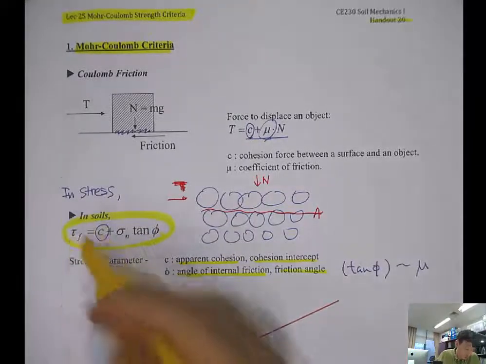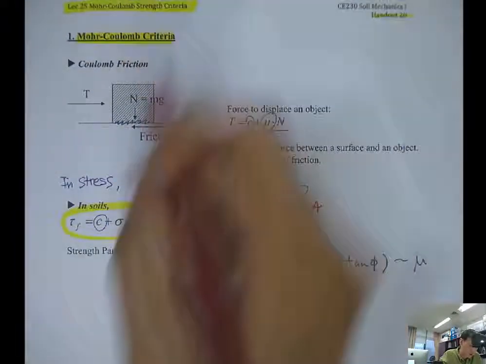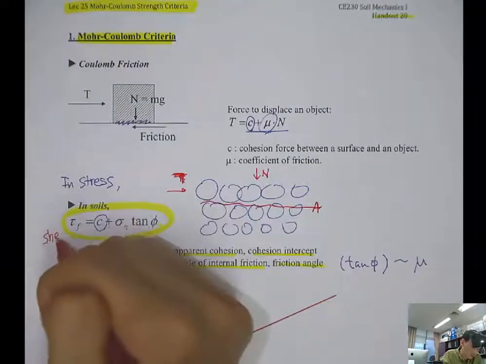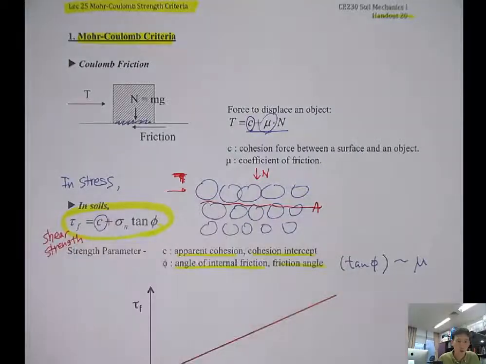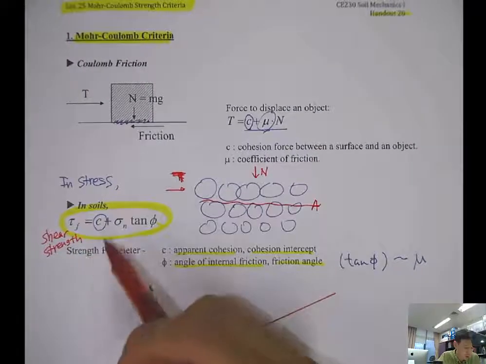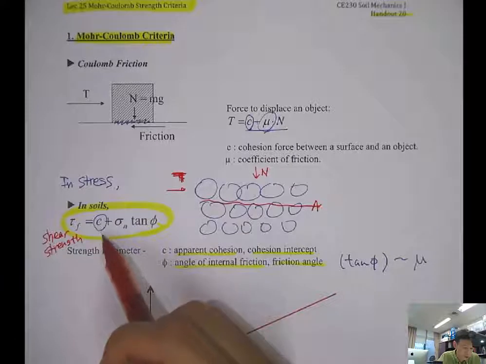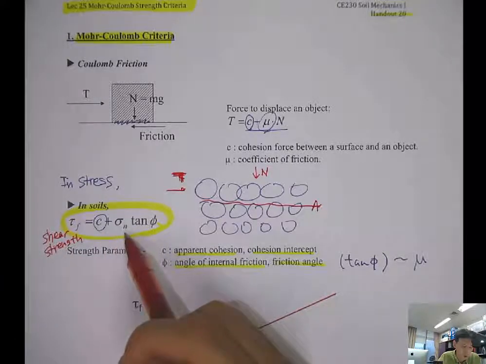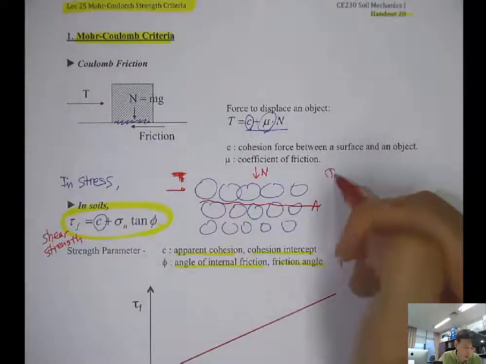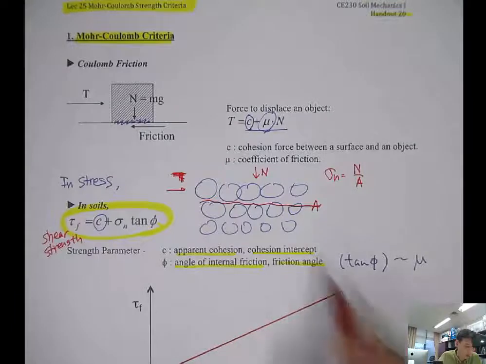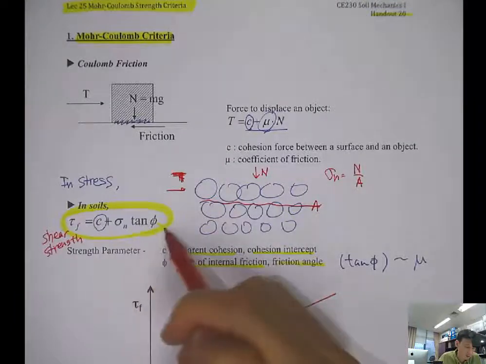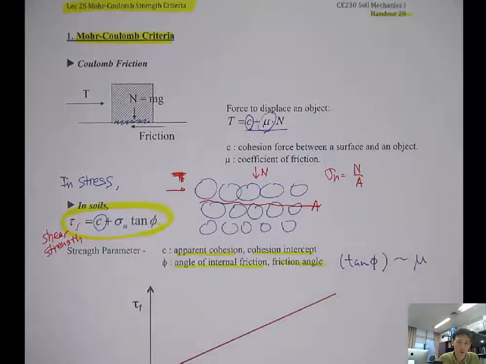So you can see that the shear strength tau is a function of C, the cohesion intercept, sigma n, the normal stress, which is N over A, and tangent phi, the friction angle.